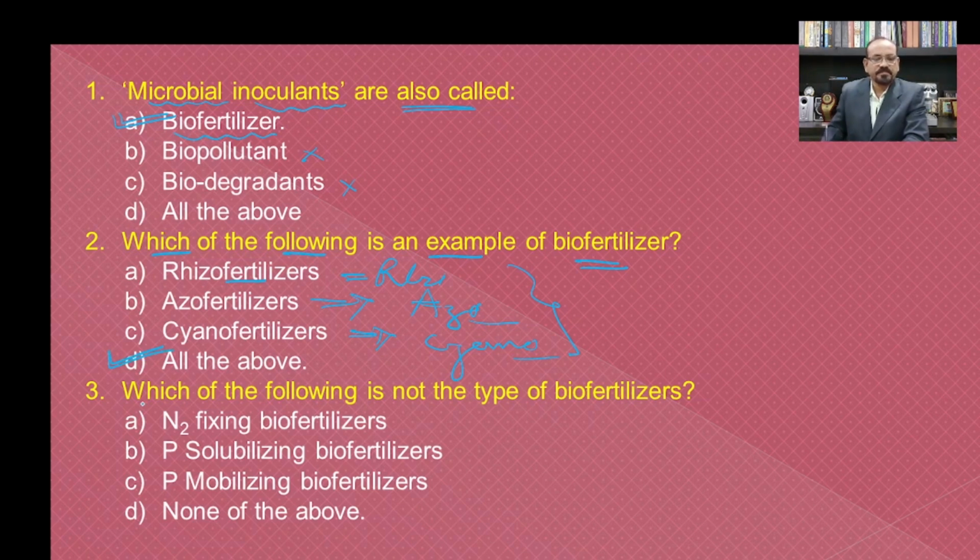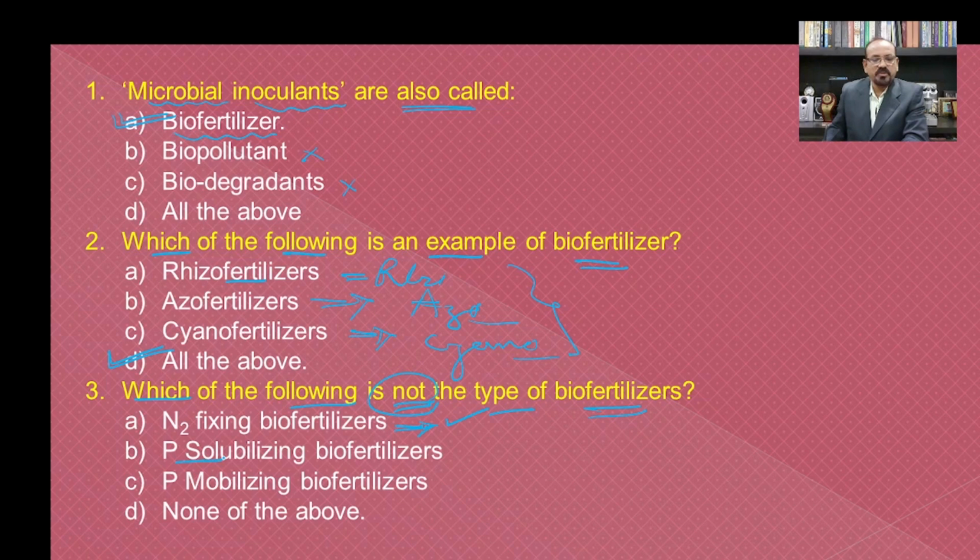question. Then which of the following is not the type of biofertilizer? Number 1, that is the nitrogen biofertilizer. Many microorganisms are used as a biofertilizer because of their ability to fix the atmospheric nitrogen, and hence this is correct one.